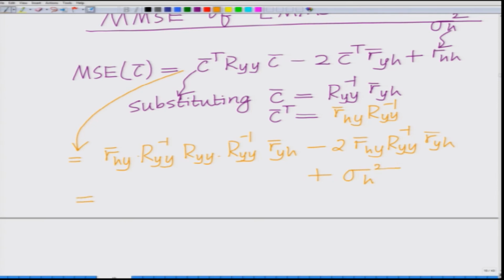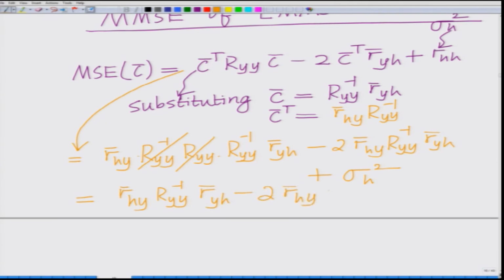And now, you can see RYY inverse and RYY cancel. So, we are left with R bar HY RYY inverse into R bar YH minus twice again the same quantity.